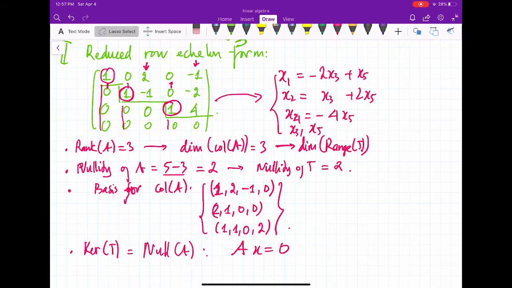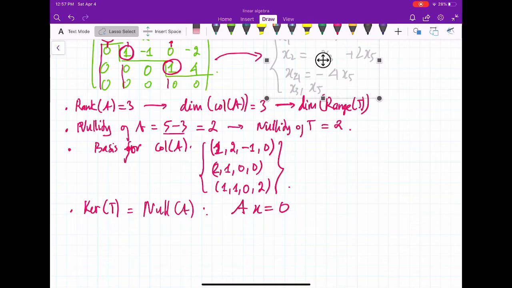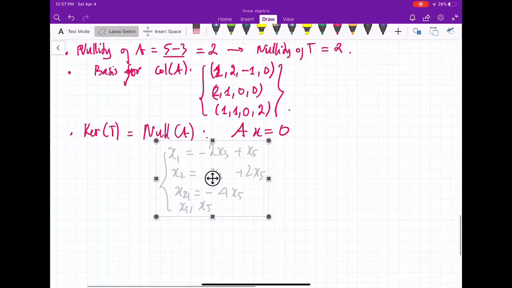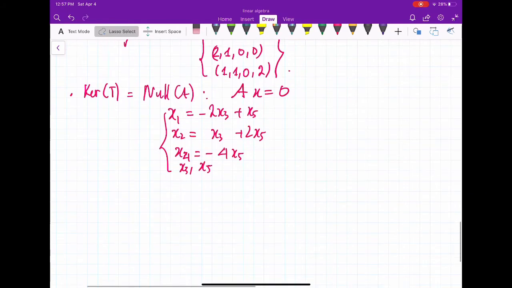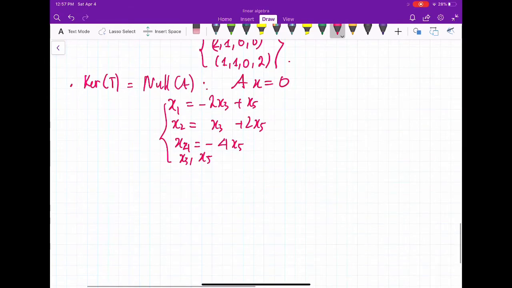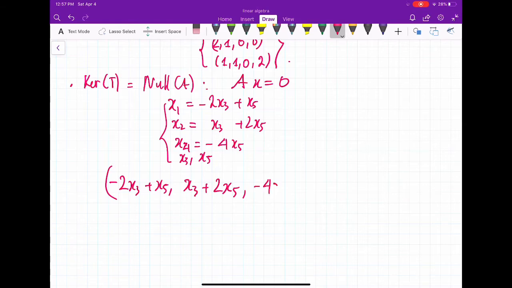If you copy this and write them in the form of a solution, you have the following one: (-2x3 plus x5, x3 plus 2x5, x3, -4x5, x5) transpose.